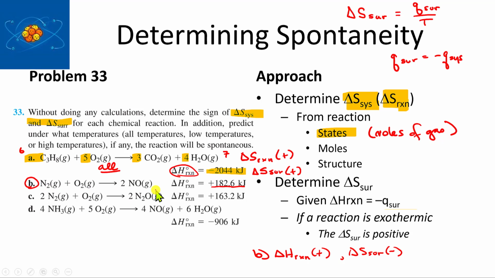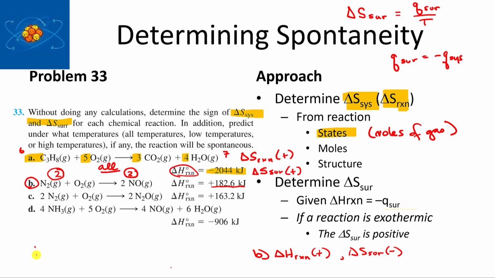All right. Now, what is delta S of the reaction? What you'll notice is that I have 2 moles of gas here, and I have 2 moles of gas here. So it's sort of like a balance. So is it going to be 0? It could possibly be 0 if the degrees of freedom in the molecules were the same. But N2 and O2 have less possible orientations than NO does.